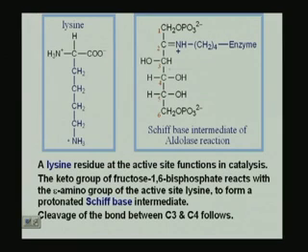Now, if we look at how this aldolase actually works, there is a lysine residue. Where is this lysine residue? In the enzyme aldolase. Obviously, it has to be there because the aldolase is what is acting on the substrate. What is the substrate? The substrate is fructose 1,6-bisphosphate. What are your products?